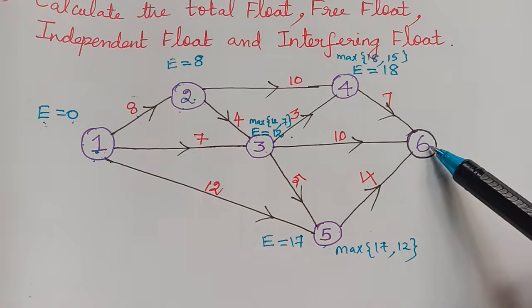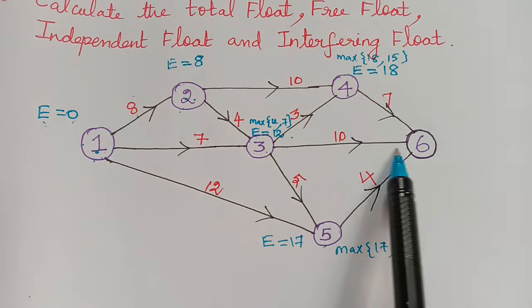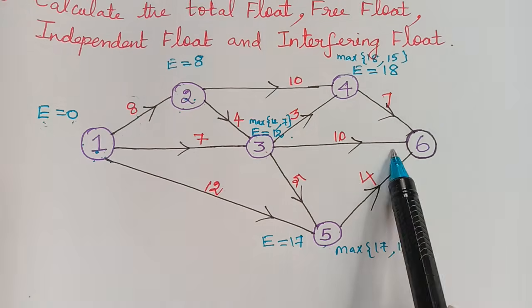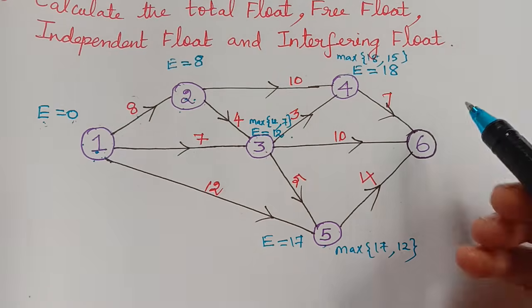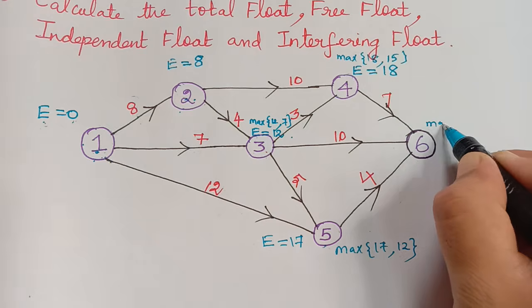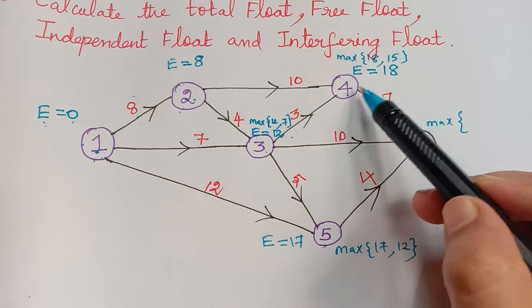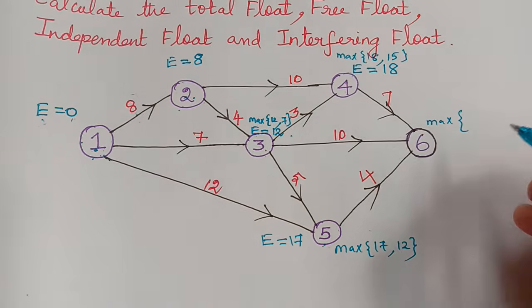And finally we have the event 6, for which there are 3 activities coming into it. That is 4 to 6, 3 to 6 and 5 to 6. Now the value of E will be maximum of, here the value for the event 4 is 18. 18 plus 7 is 25.